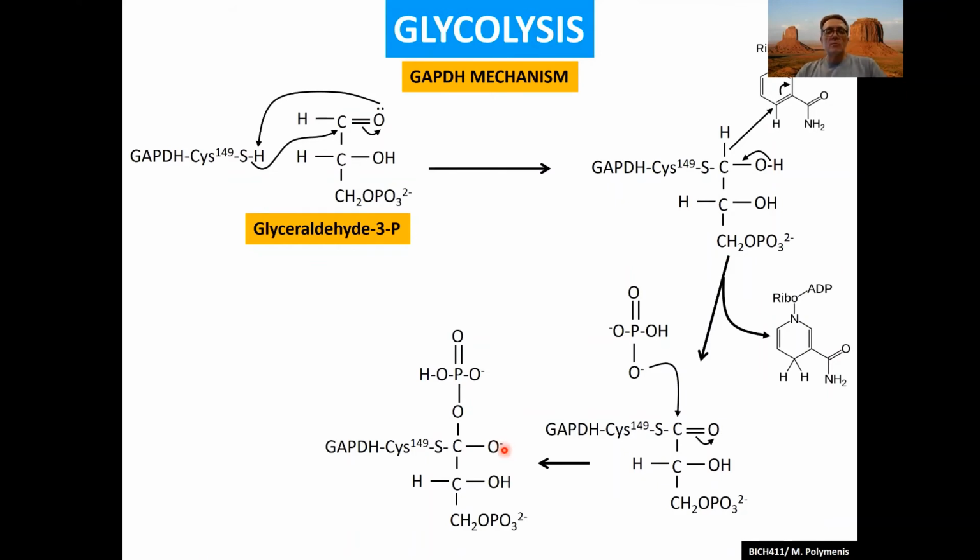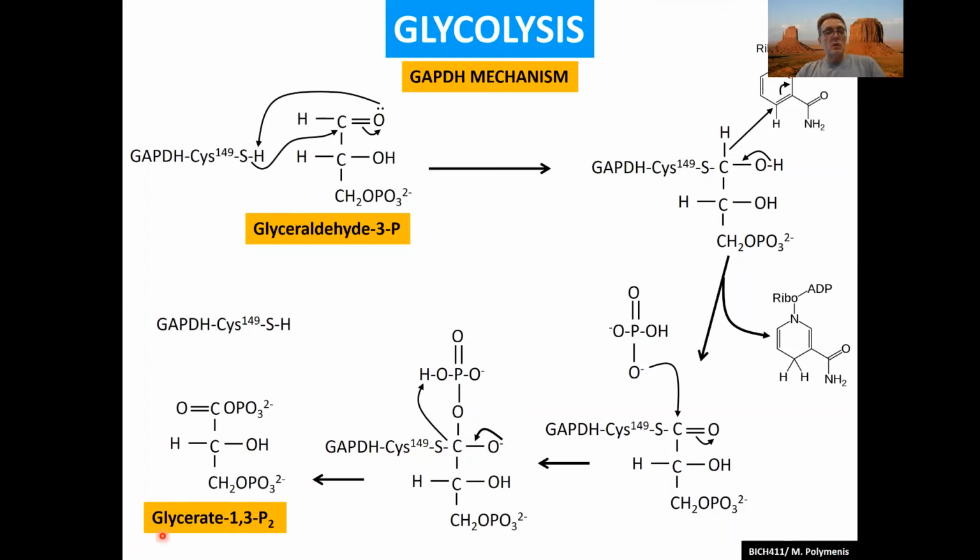And now of course you can imagine the carbonyl will reform again, and the sulfhydryl will leave to regenerate the enzyme, and that is indeed what happens. And you have the product, which is glycerate 1,3-bisphosphate. So we got our redox reaction, our carbon got oxidized, but we also got a high energy phosphate bond right there.